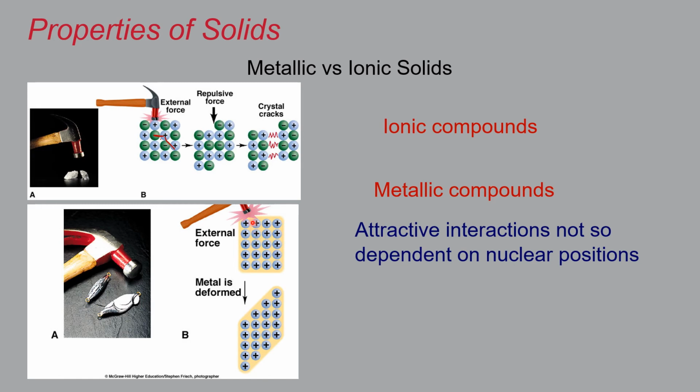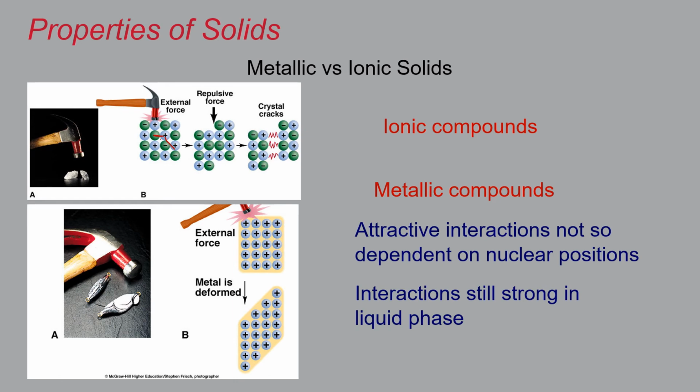So you hit this with a hammer, you shift down a few rows of these things, but it doesn't really matter because the electrons can instantaneously, or just about instantaneously, shift around to readjust and balance everything back out, and not have the whole thing blow apart, just be a little bit flatter.